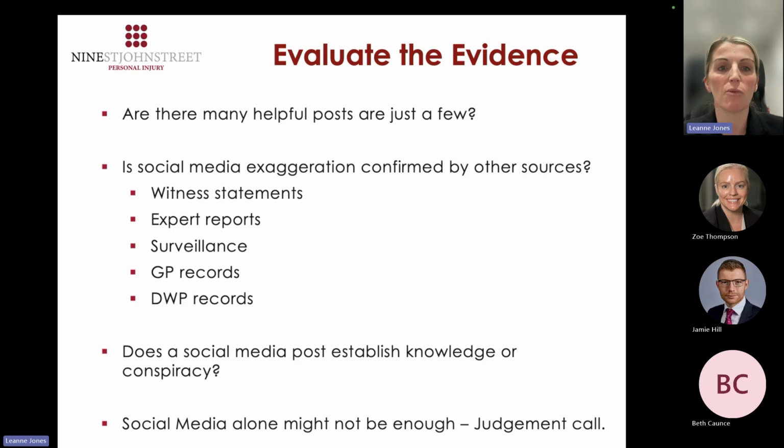They're not always helpful, as I say, if you only get one or two, but they can be particularly helpful showing exaggeration, especially when they're confirmed by other sources, so witness statements, expert reports, surveillance, GP records, DWP records. And what I mean by that is, can you find a dated post, for example, on Instagram?